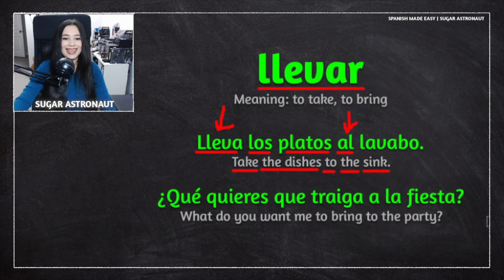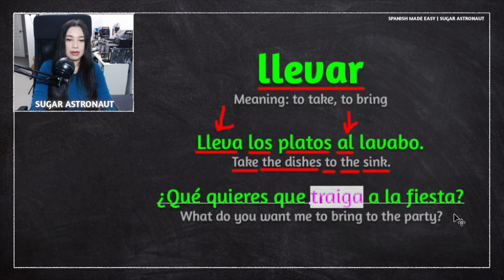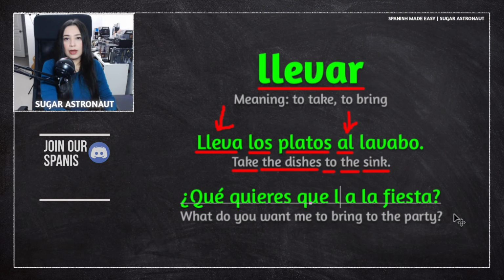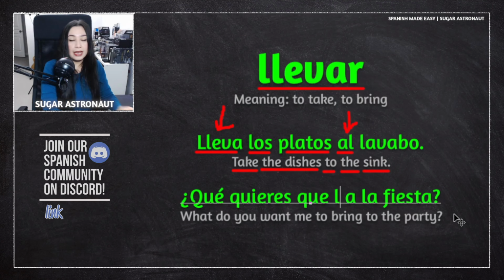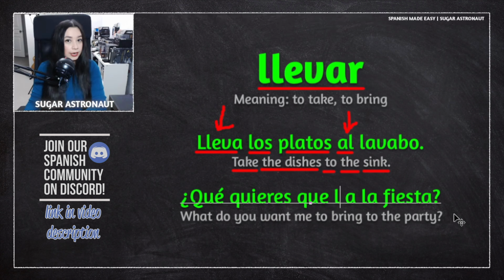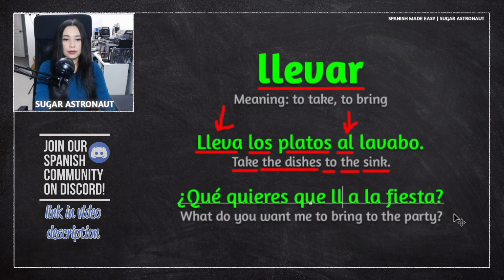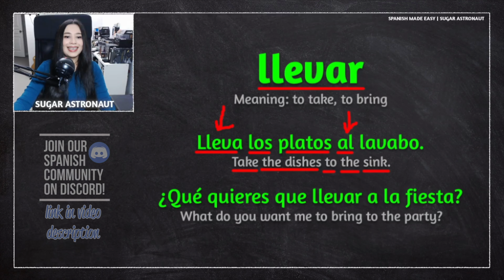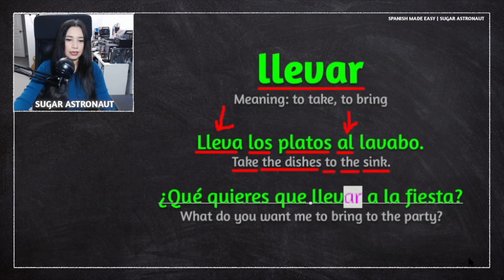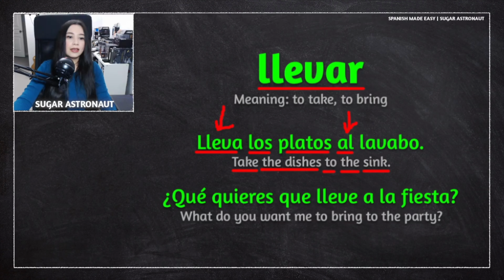That is the verb traer, and traer means to bring. But in this situation, because we're talking about taking something from one place to another, from your house or the store to a party, then you can use llevar as well. ¿Qué quieres que lleve a la fiesta? What do you want me to bring to the party?